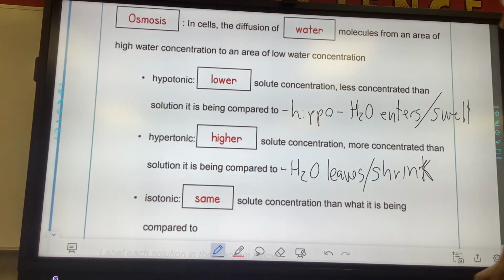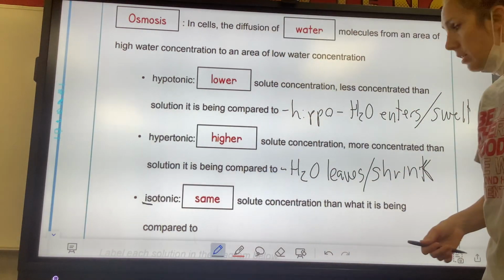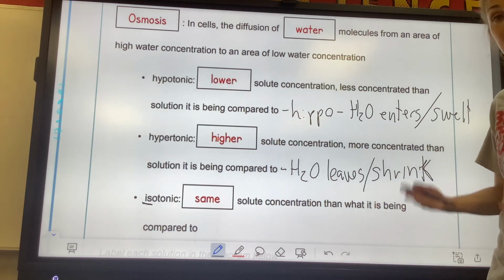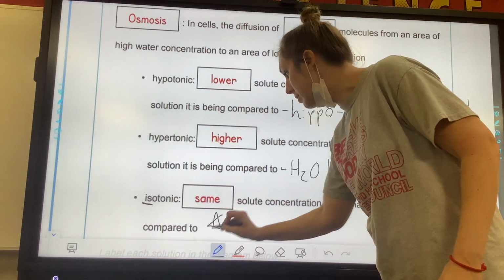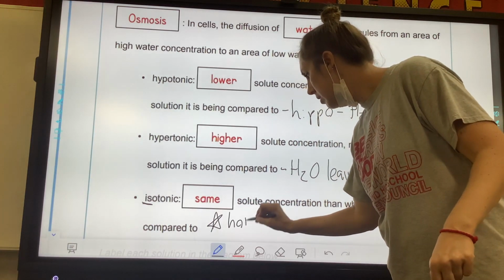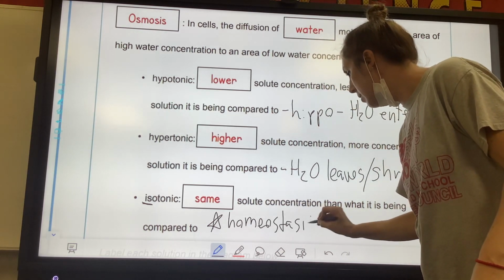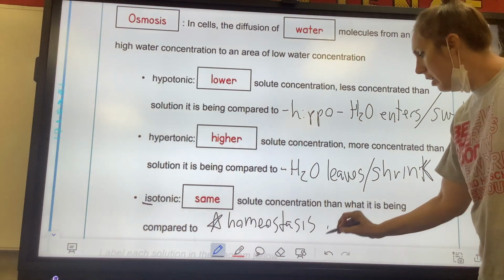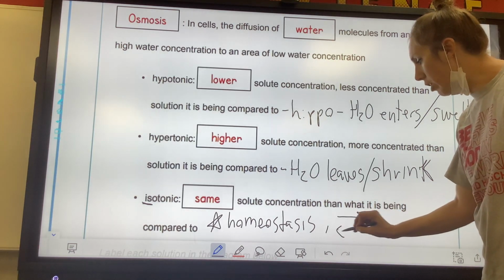And last but not least, isotonic. Remember, iso means same, isosceles triangle, same sides. So this is where you have the same concentration, and it's in homeostasis. Nothing happens. Or, I'm going to take that back. So this is homeostasis. Okay, this is where whatever water goes in, the same amount of water goes out.